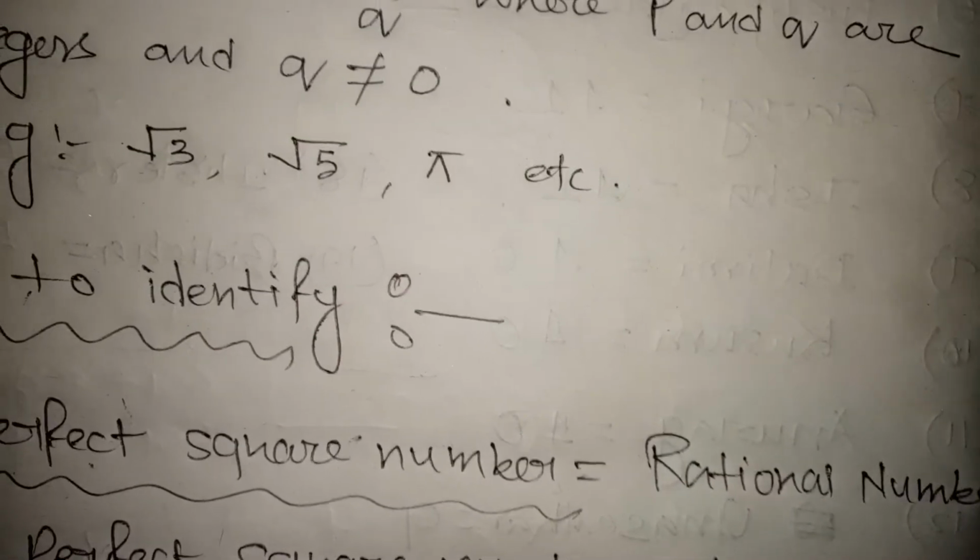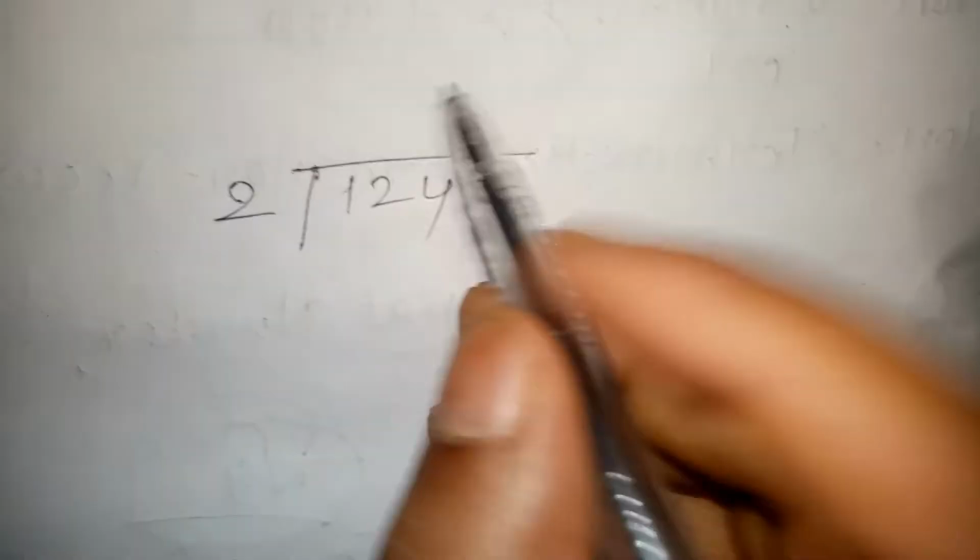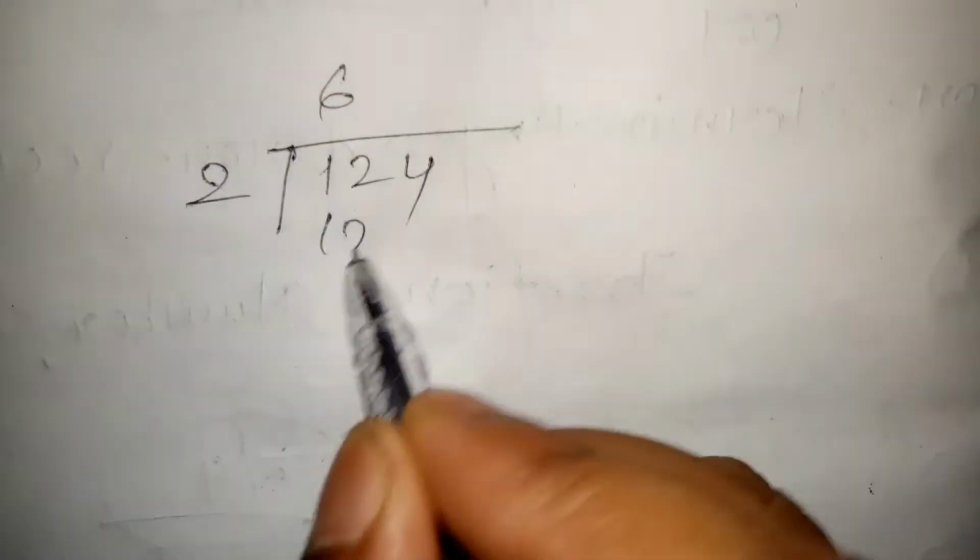What is the meaning of terminating? Now you see, suppose you have divided some numbers like 124 by 2. 2 6 is 12.